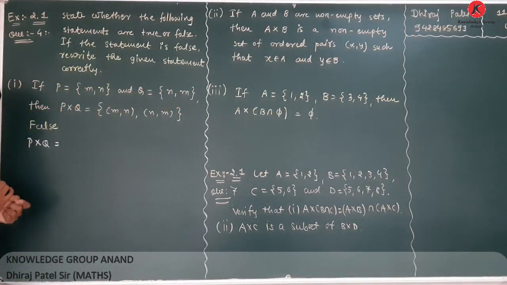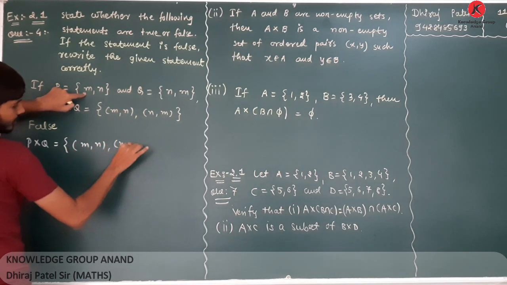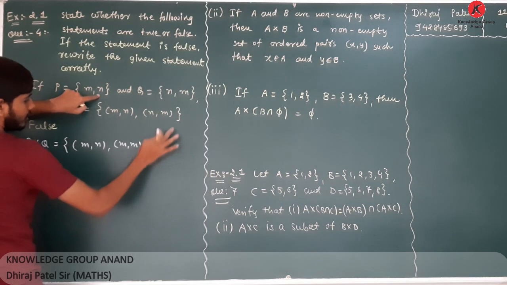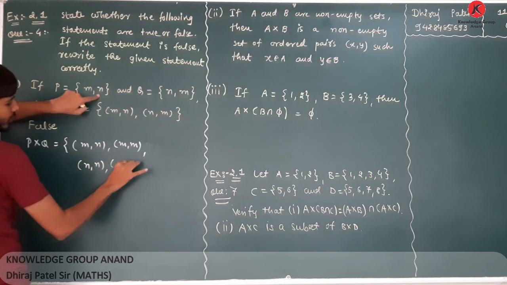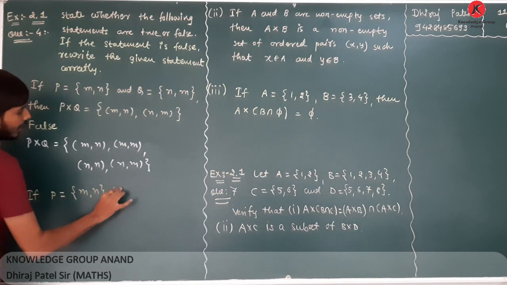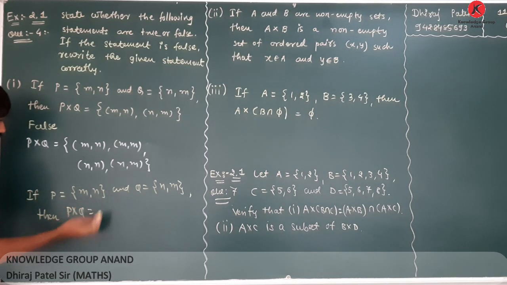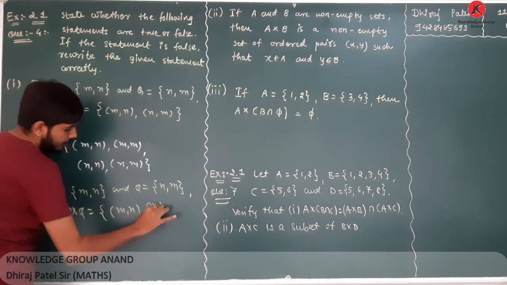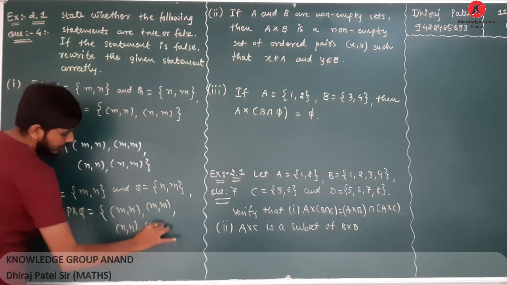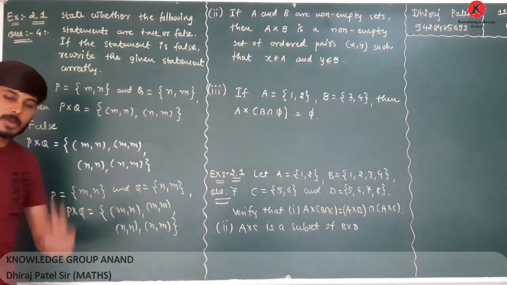Write down all the possible pairs made by P and Q. The first element of P with each element of Q, and the same for the second element. Total 4 possible ordered pairs are there. This is our P cross Q. Now, rewrite this statement correctly. The correct statement is: if P equals {m, n} and Q equals {m, n}, then P cross Q equals the four ordered pairs. If you write them in a different order, there is no problem. In sets you can arrange the elements in any order, but make sure an element does not come twice.